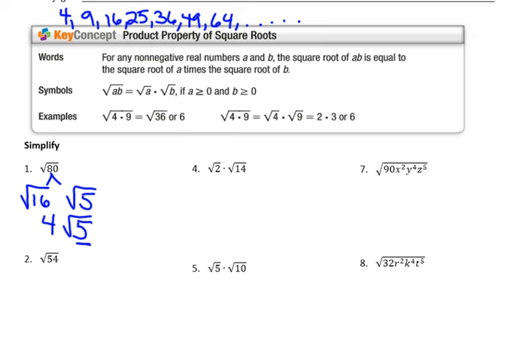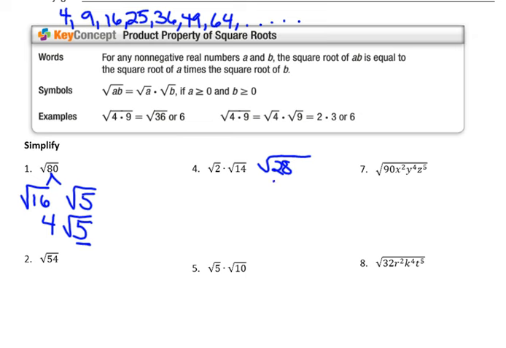Okay, for number 4, here I have to actually multiply those together first to be able to simplify it, because nothing else goes into 2, and none of my perfect squares from up here go into 14. So I'm going to first multiply 2 and 14 together to get 28. Okay, now I'm going to do the same thing.